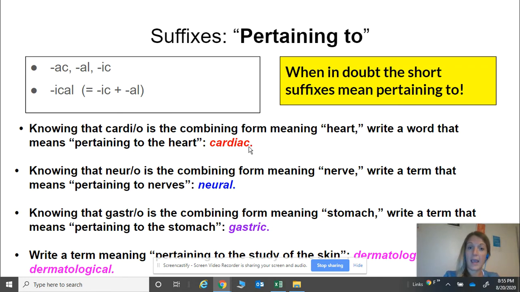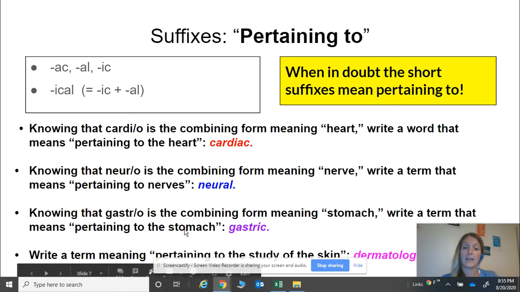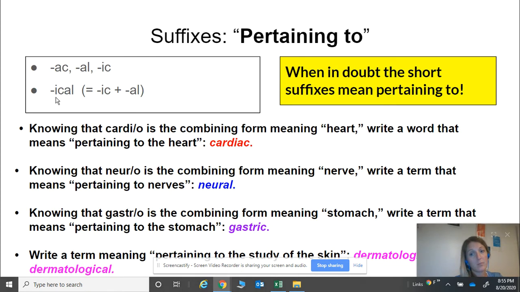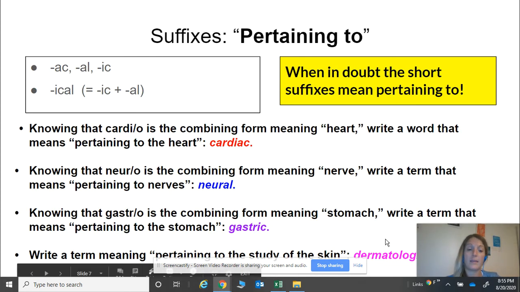You have cardiac, means pertaining to the heart. So neural is using that AL pertaining to the nerve. Gastro means stomach, so that ic at the end means pertaining to the stomach. And then this says dermatological to show those four letters together, the ic and the al together, and that's pertaining to the study of the skin.